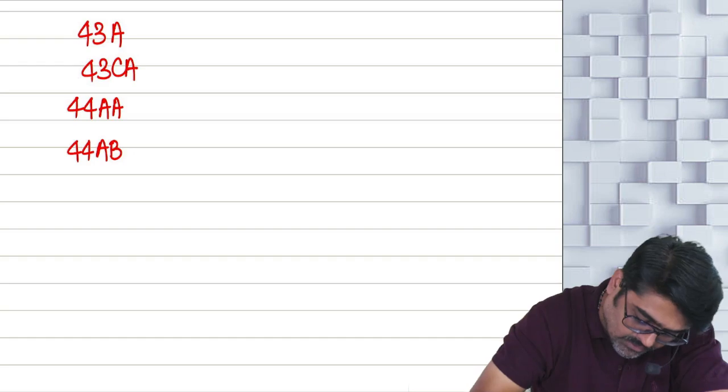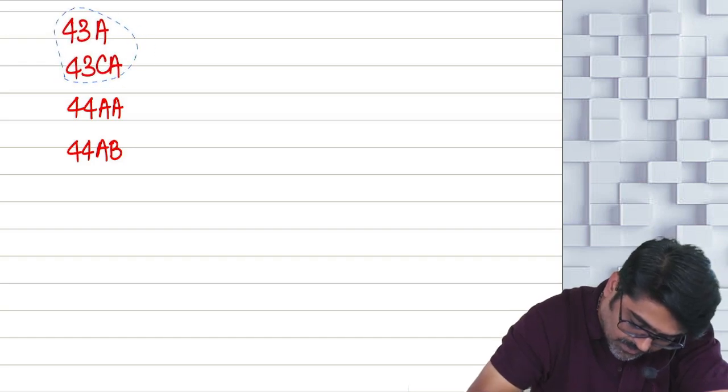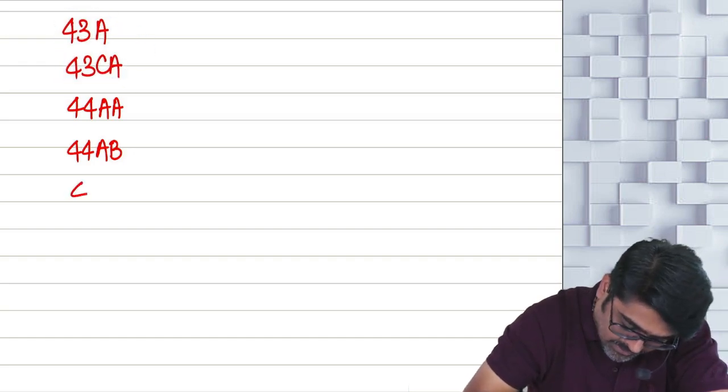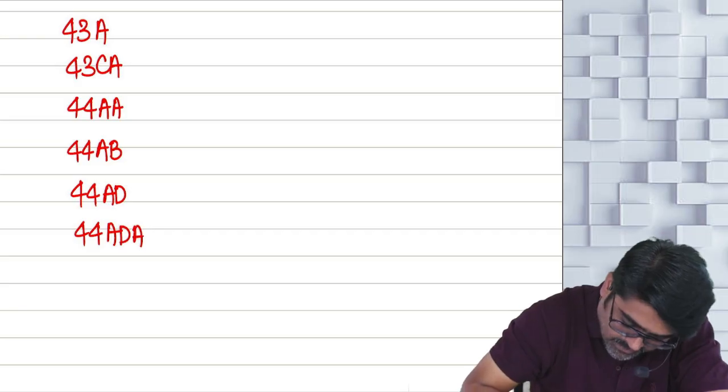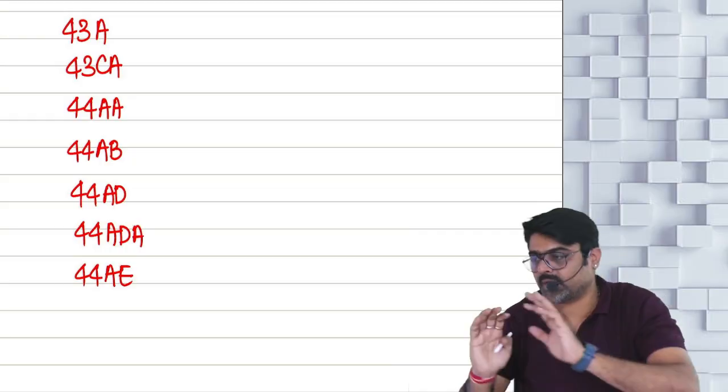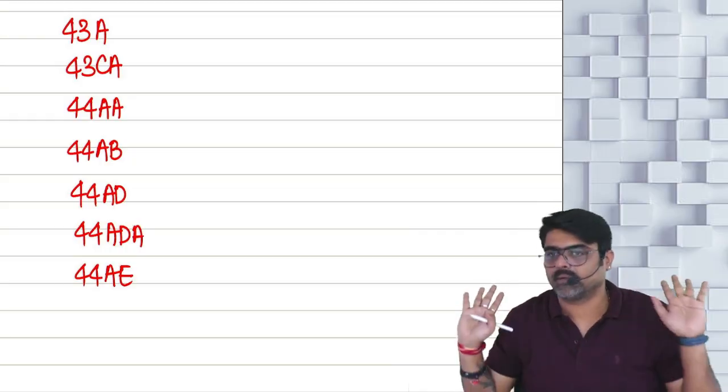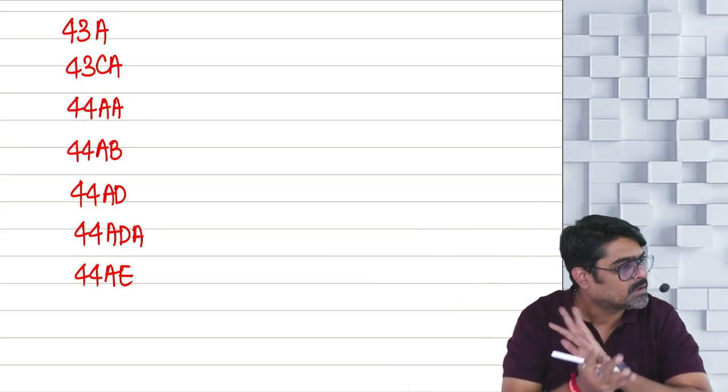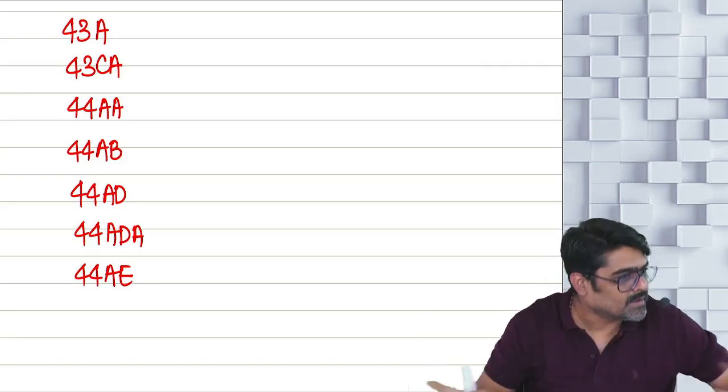Then there will be 44AA, 44AB, then it will be 44AD, 44ADA and 44AE. And the moment we finish 44AE, this chapter will come to an end. All the theory is done. The entire chapter is done.